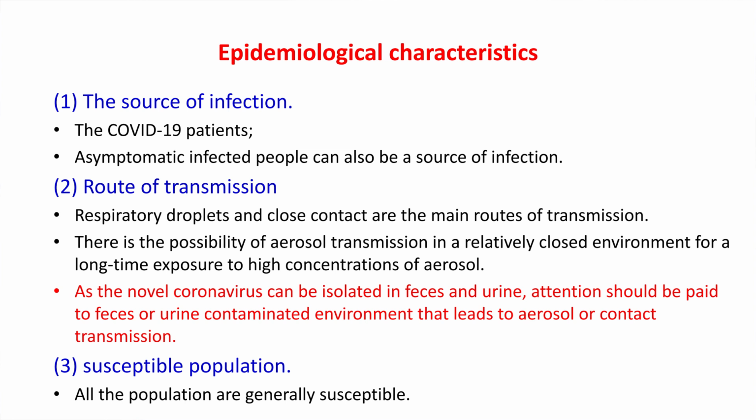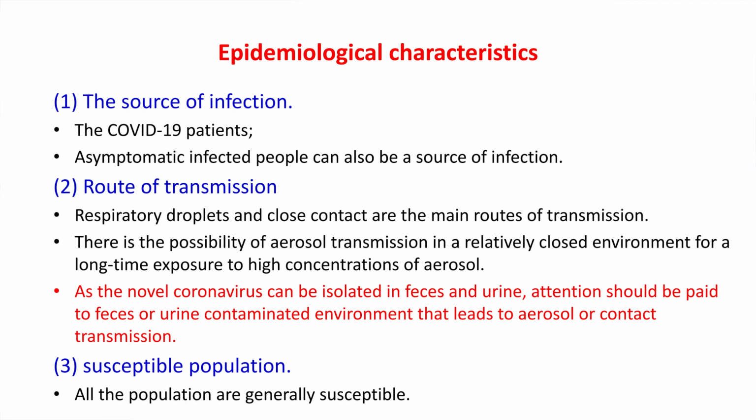The respiratory droplet and close contact are the main route of transmission. There are some possibilities of aerosol transmission in a relatively close environment for long-term exposure to high concentration aerosols.